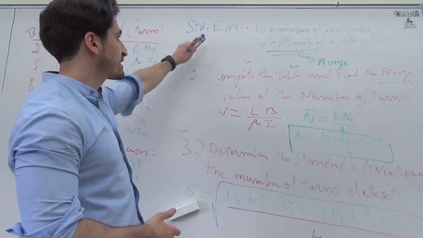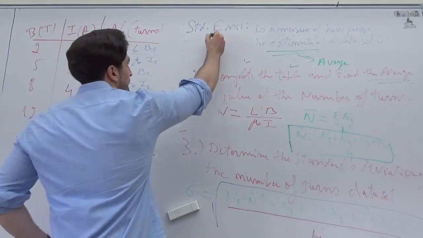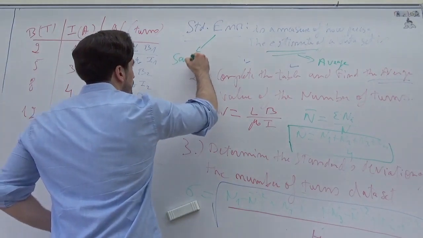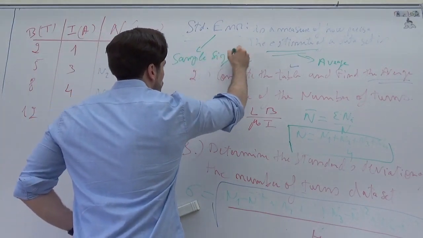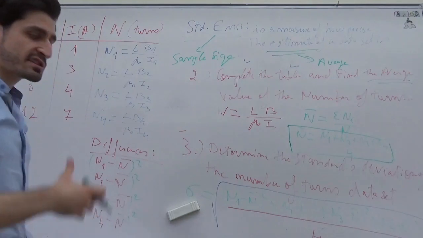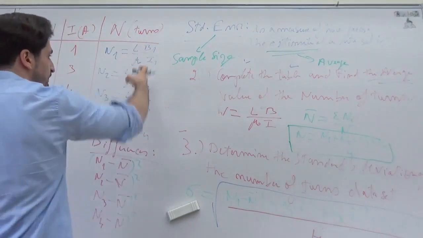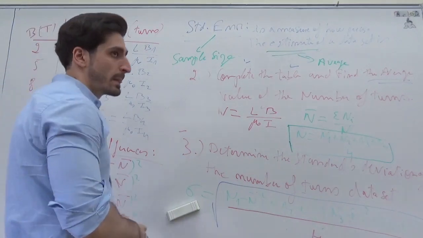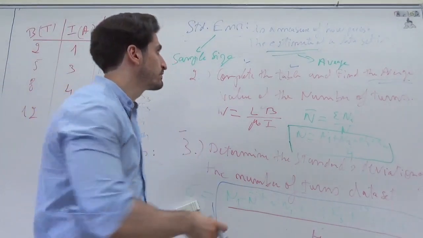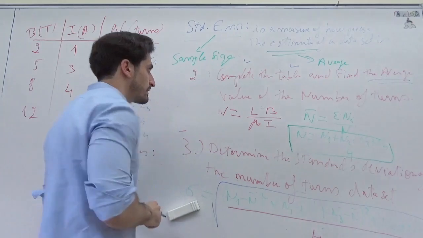And like I said before, the standard error is going to be dependent on the sample size. So what do we mean by the sample size? The sample size is simply the number of measurements that we have. So over here we only have 4 measurements. So the bigger the sample size is, the smaller the standard error is going to be.